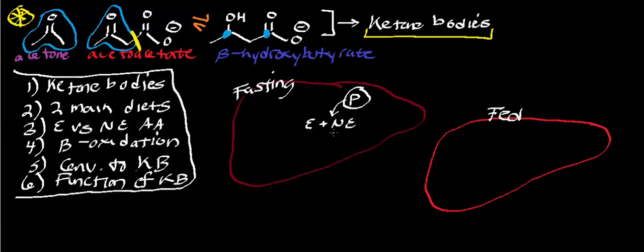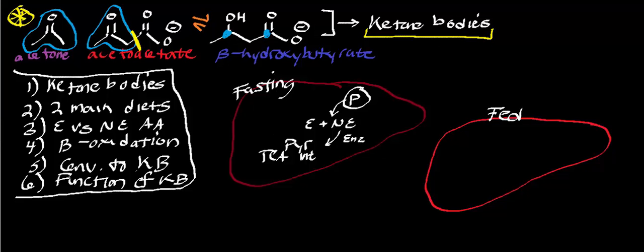Now it turns out that what the non-essentials get degraded to, so this is enzymatic, I'll put ENZ for enzymatic, through enzymes, the non-essentials get degraded to either pyruvate or TCA cycle intermediates.